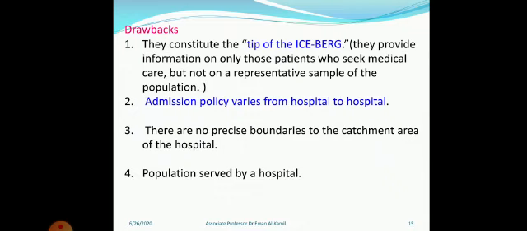The drawback or disadvantage of hospital information is that it is a large amount of information, but it represents only the tip of the iceberg, which we have already discussed. Only the severe cases come and consult or are admitted to the hospital.